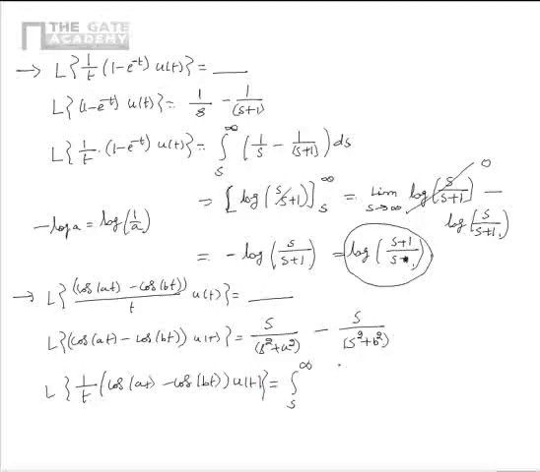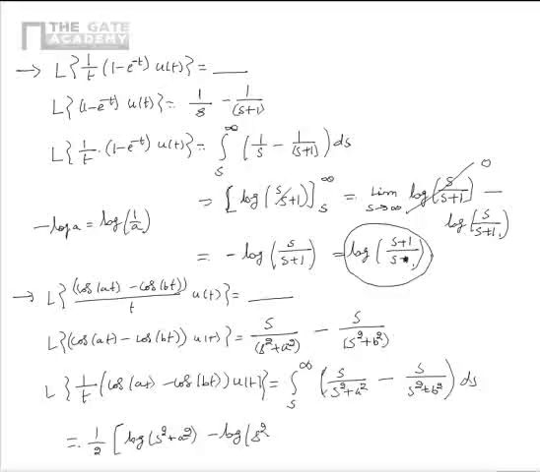the integral from s to infinity of (s by s square plus a square minus s by s square plus b square) ds. This is equal to half of log of (s square plus a square) minus log of (s square plus b square), with limits from infinity to s.